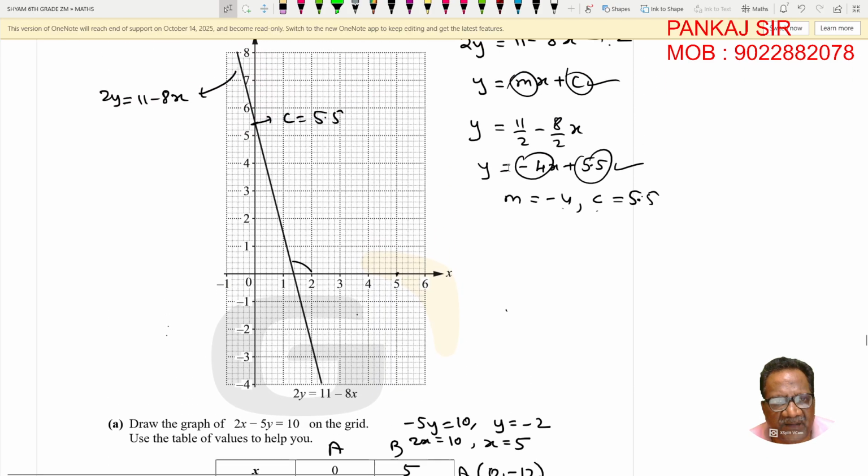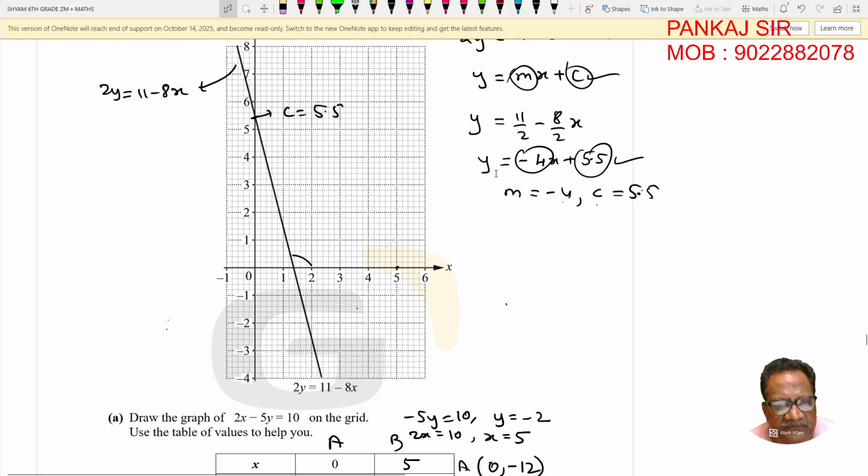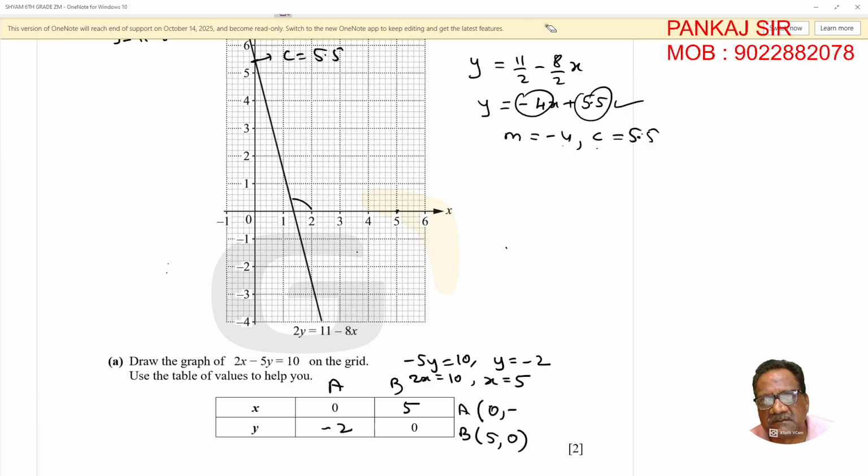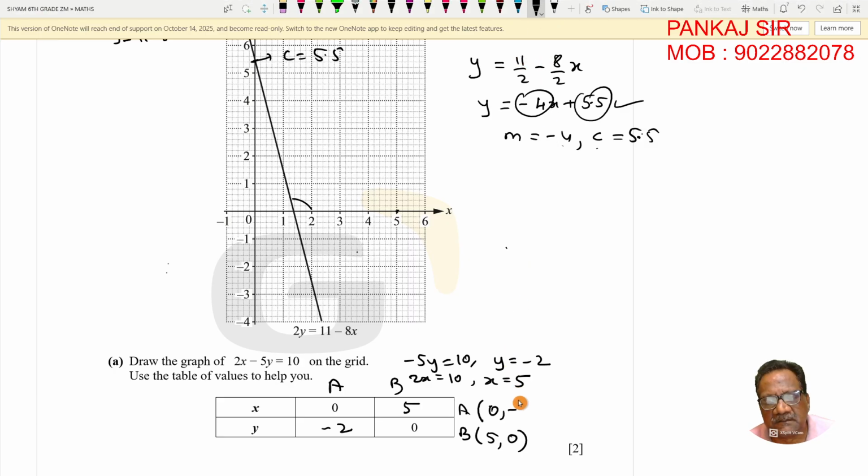One second, 0 comma minus 2, it is not minus 12, 0 comma minus 2, right? Minus 2.